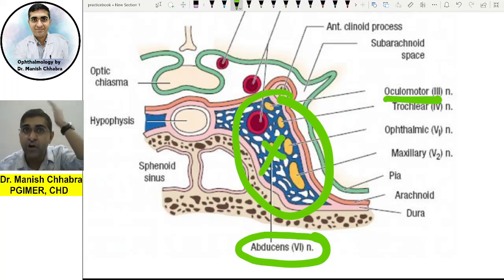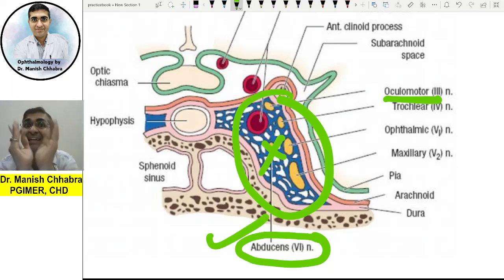If there is involvement of the left cavernous sinus, the first structure to get involved is your abducens nerve, because it passes through the center of the cavernous sinus. It will lead to paralysis of the lateral rectus muscle, and as a result the patient will not be able to abduct.